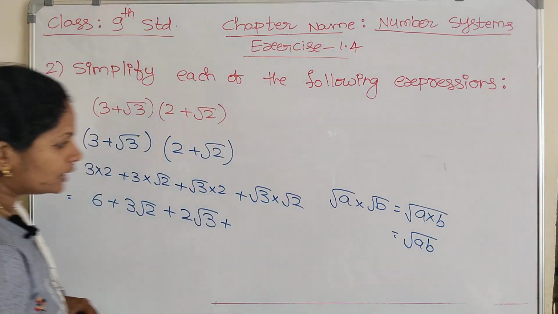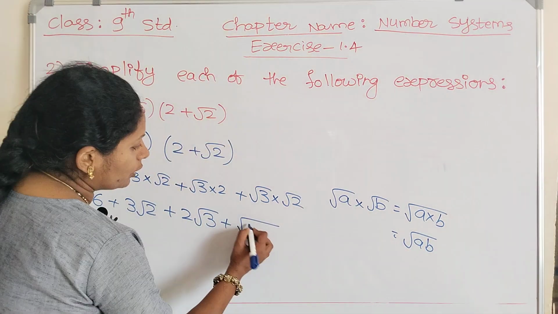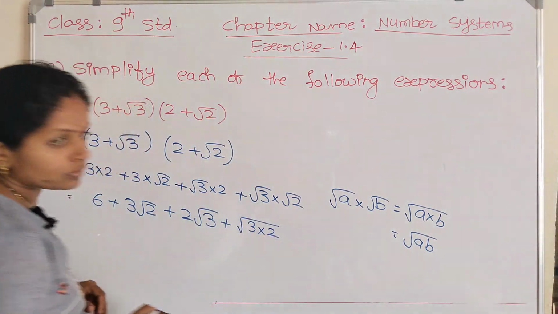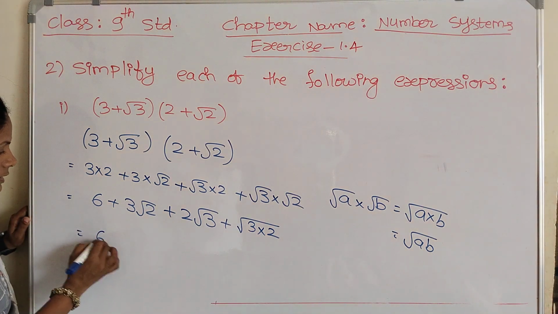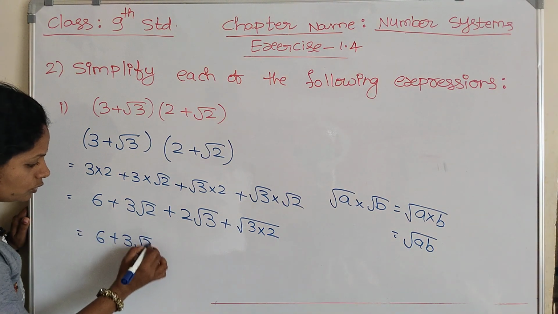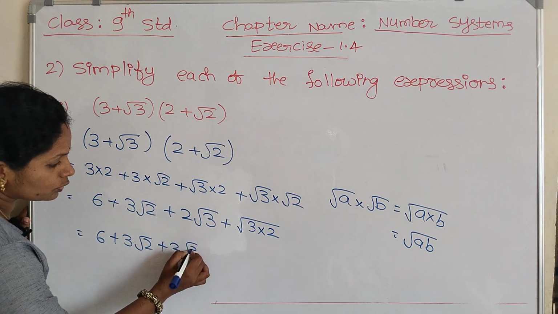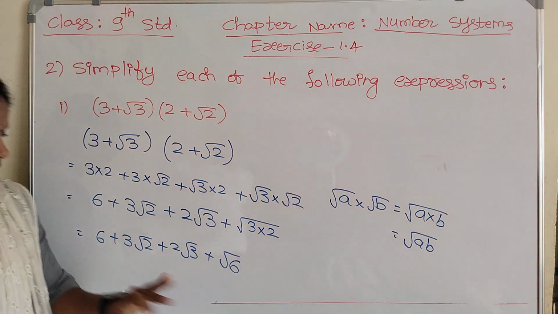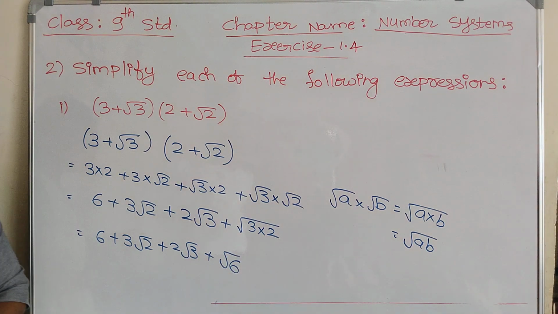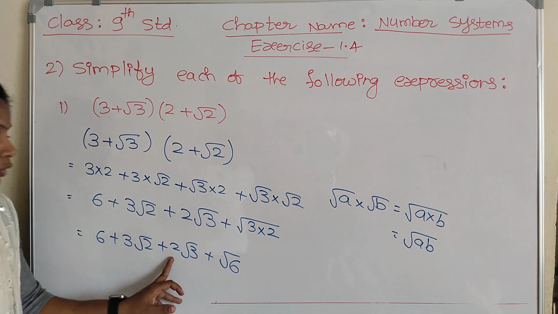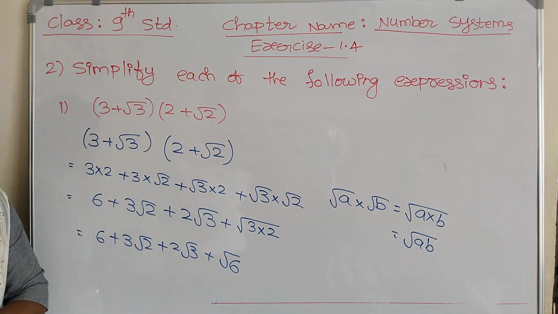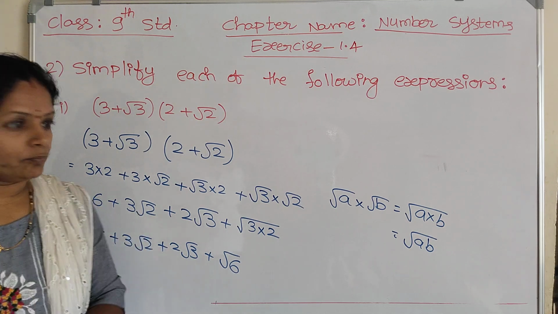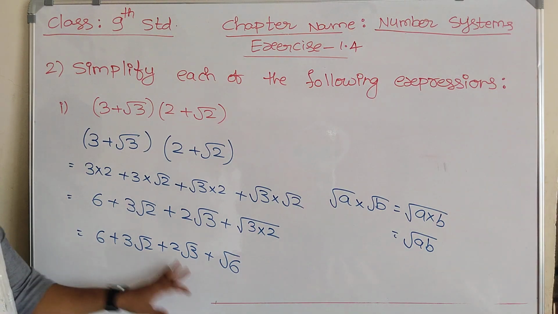In the same way, root of 3 into 2 we can write as root 6. So we get 6 plus 3 root 2 plus 2 root 3 plus root 6. Further simplification is not possible because 3 root 2 and 2 root 3 are different numbers, so we can't add them. So our resultant answer is this.